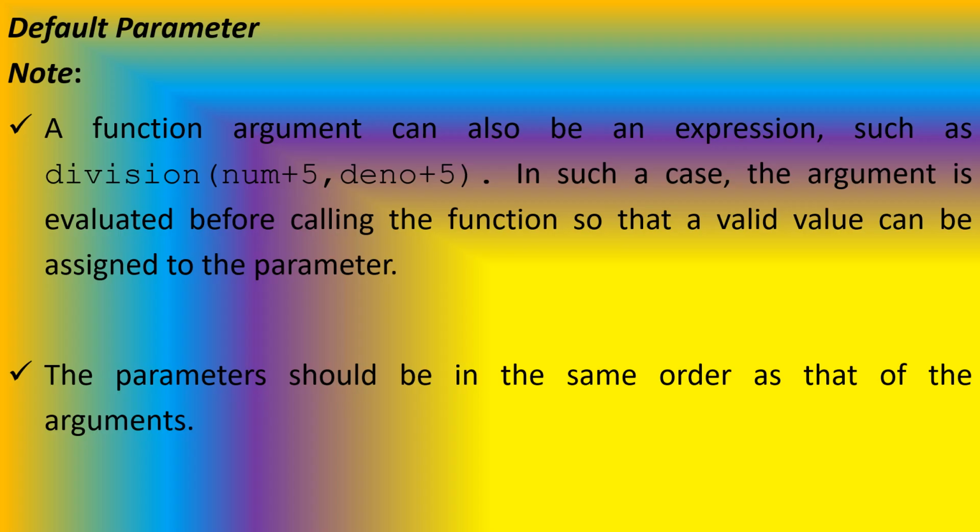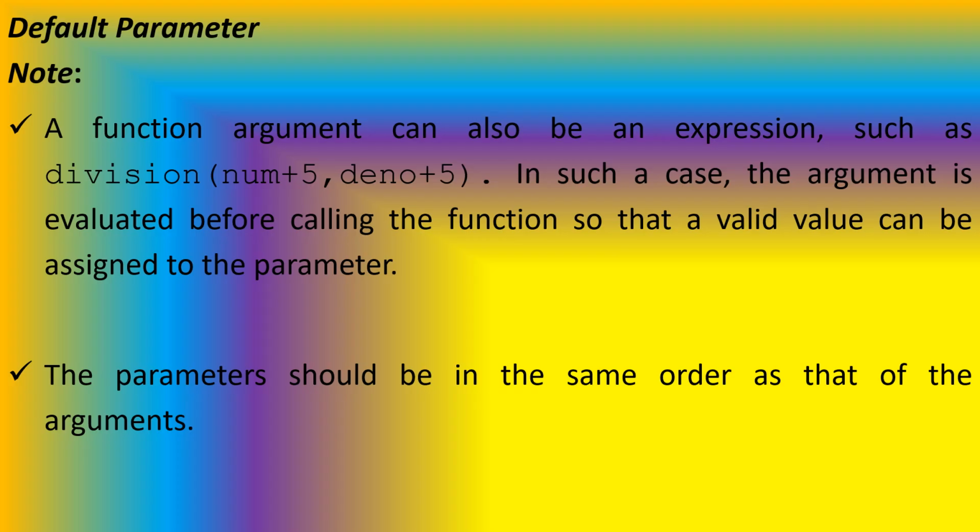That means you can write an expression at the time of calling a function. In this particular case, the argument is evaluated before calling the function so that a valid value can be assigned to the parameter. For example, if num value is 2 and deno value is 3.